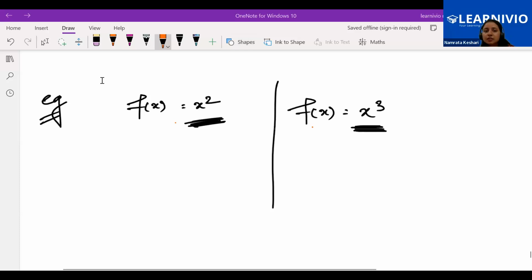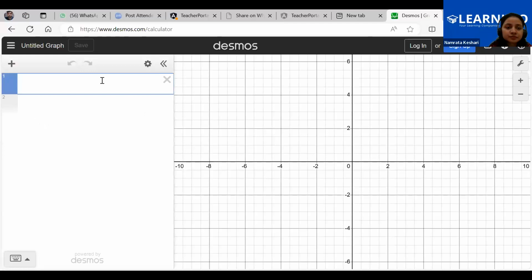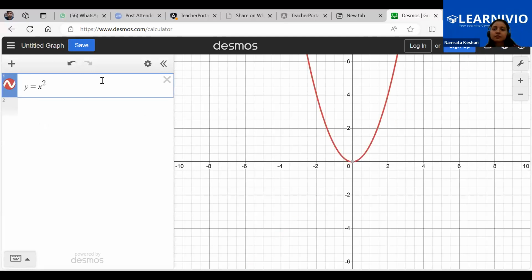Can you see the screen? This is how our graph will look.